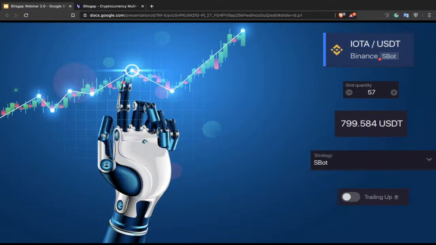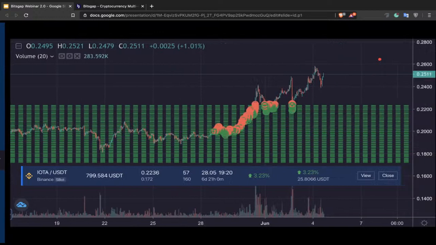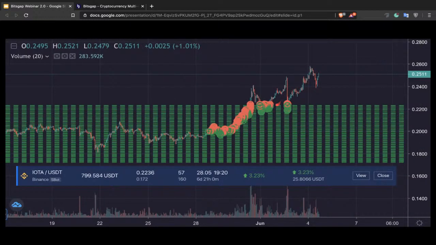But imagine we have an active bot without the trading up function. In this case, we would get stuck in our trading range. And here we go. You see that the price has breached the upper limit price and is now trading above the trading range.